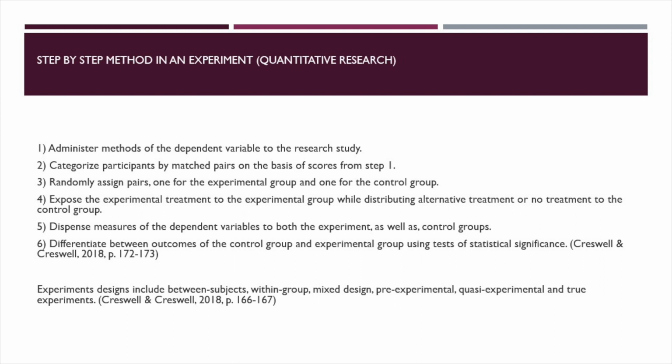Fourth, expose the experimental treatment to the experimental group while distributing the alternative treatment or no treatment to the control group. Fifth, dispense measures of the dependent variables to both the experimental as well as control groups. And lastly, sixth, differentiate between the outcomes of the control and experimental group using tests of statistical significance.